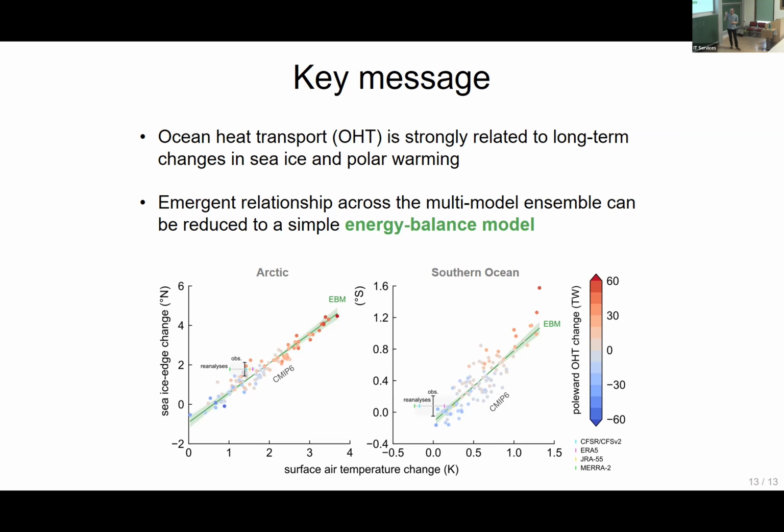And this relationship with the energy balance model provides an effective collapse of that data onto a very simple system, which provides, I think, convincing evidence that the ocean is a key driver, potentially, but obviously there's open questions with this, a potential key driver of model uncertainty in future projections.